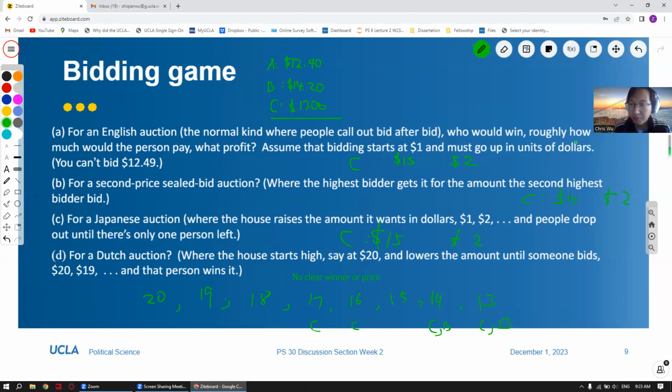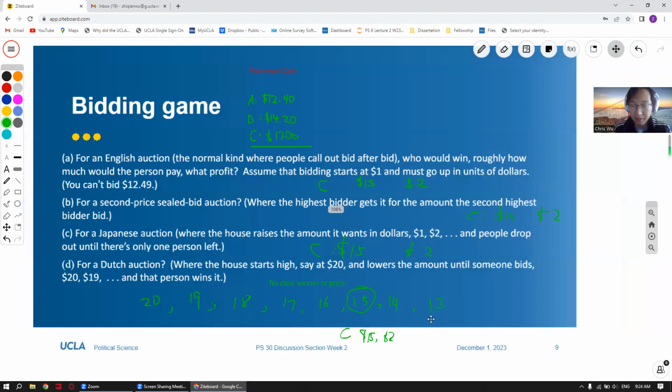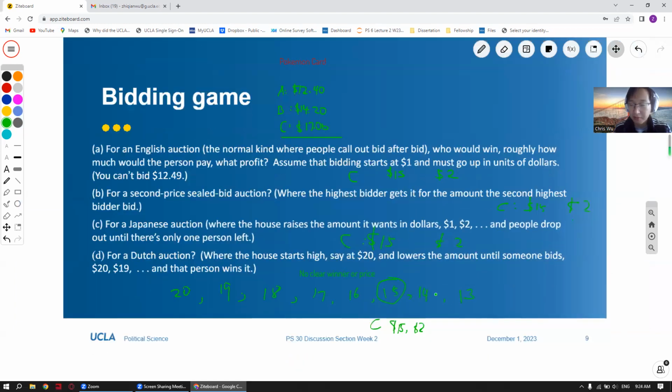Okay. So I think in group I yesterday, the three groups differed. I don't remember exactly which. I think one group ended on 15, so C gets it for 15 and makes a $2 profit. And then in one of the other groups, one person didn't quite understand, so another group bid like a 17.